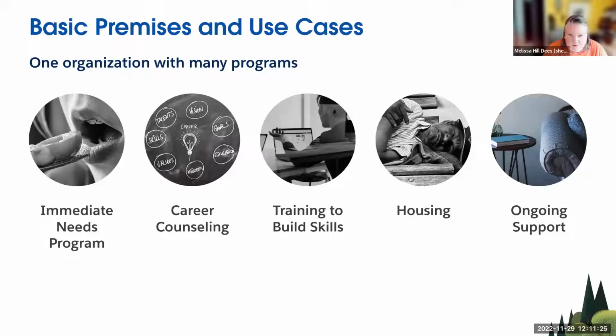They get people food, or they get them a ride somewhere, or they get them a place to stay overnight. But then they may also have a career counseling program, a training to build skills program, a housing program where they work with clients to get them into a long-term housing situation, and then even a program for ongoing support. So how do you manage all those different programs with the program management architecture?